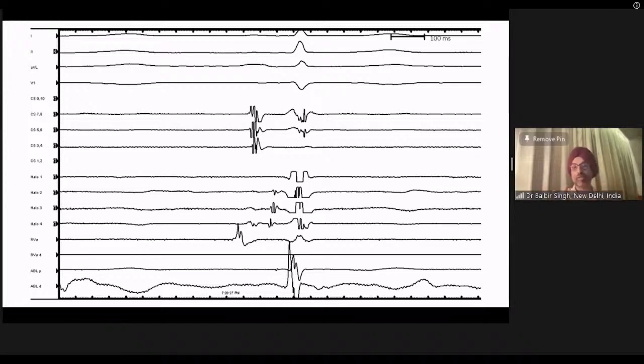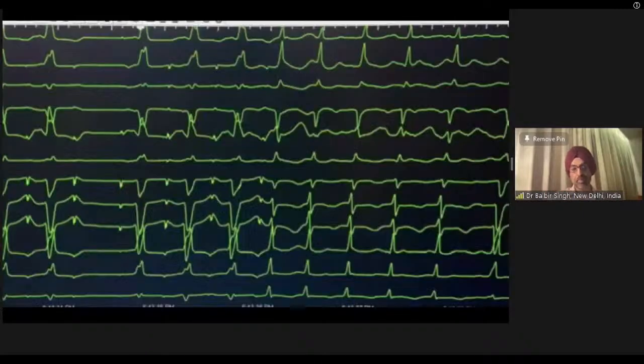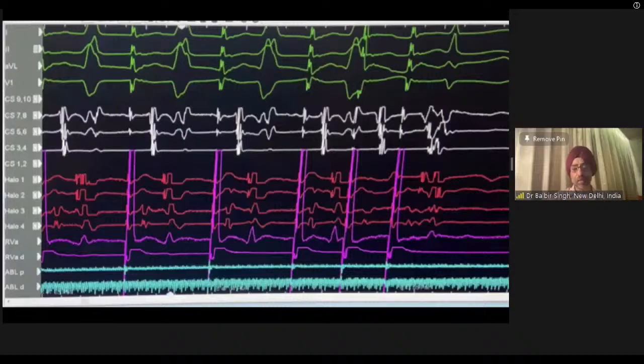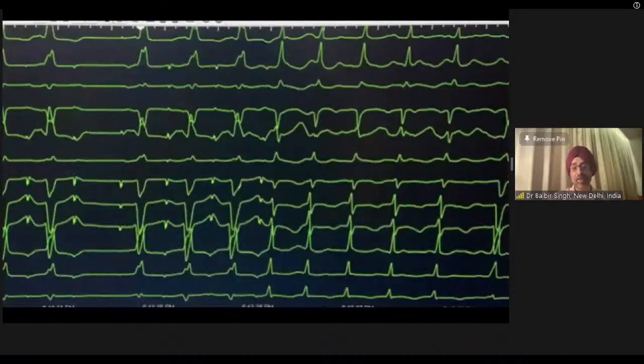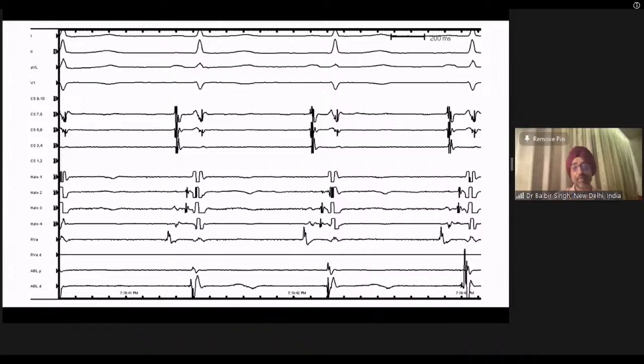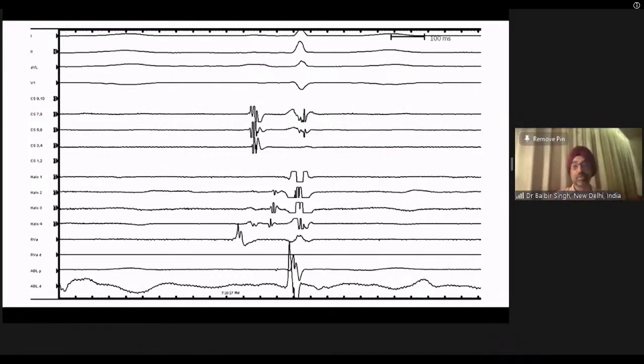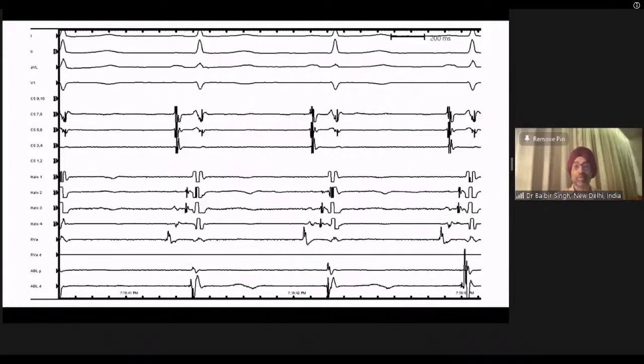Also, it reverses the sequence, tells you it is attached quite distally towards the His bundle. Another thing to note is the V electrogram is missing here. So the V, which was located beyond the His bundle, was the earliest during this pacing, telling you again the fact that this was a pathway located.